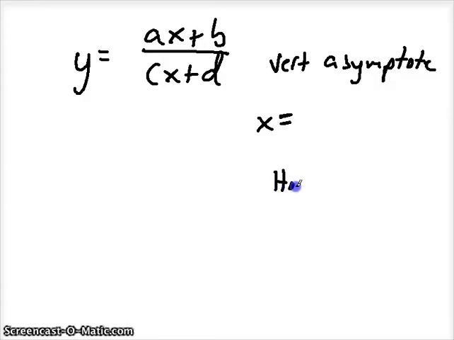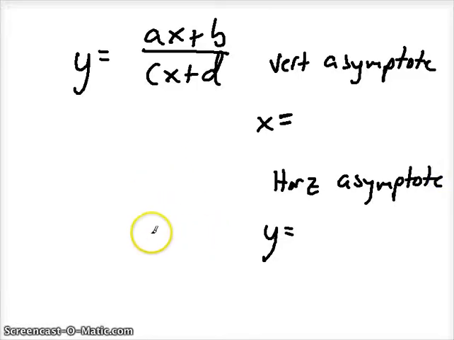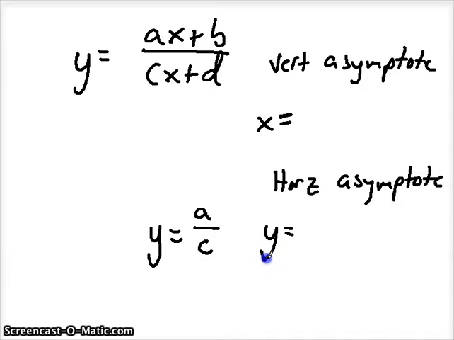But the horizontal asymptote, or y equals equation, is going to be slightly different. This is going to be whatever the coefficients of your x values are. So a over c is going to be the y equals equation, or your horizontal asymptote.